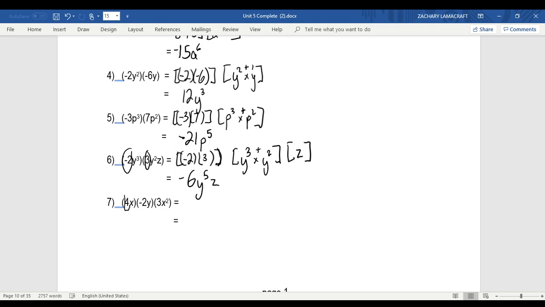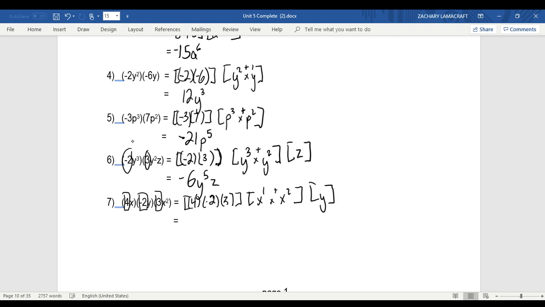Now this one's slightly different because we got to multiply 3 terms here. So in our first bracket, we got to multiply 4 and negative 2 and 3. And then we've got x times x squared, where we do 1 plus 2. And then we've got that straggly y that we just include at the end.